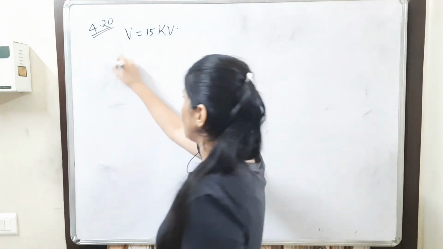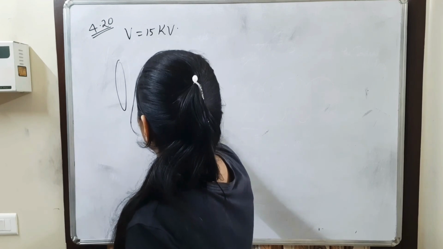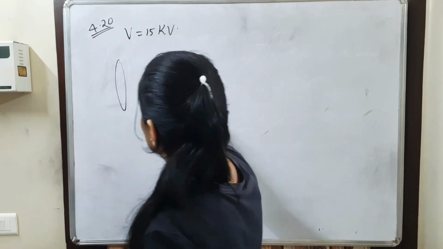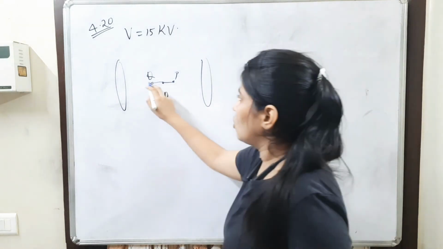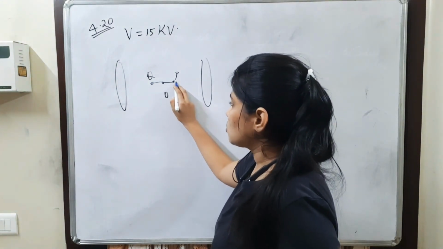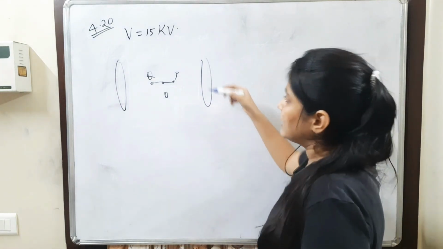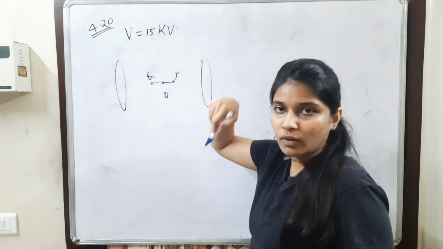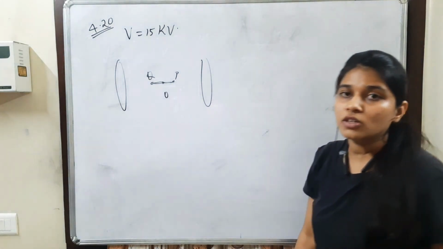Okay, so you had those two coils, isn't it? And both the coils' center point was O, and you had P point and Q point. So at P alone, I think we found out. I think I forgot to mention Q. Yeah, so you just note it down. Okay, so at P and Q both points, the magnetic field is going to be same, because it's the same type of derivation that we are going to do for Q. Okay, so therefore the entire region, the magnetic field is going to be uniform.